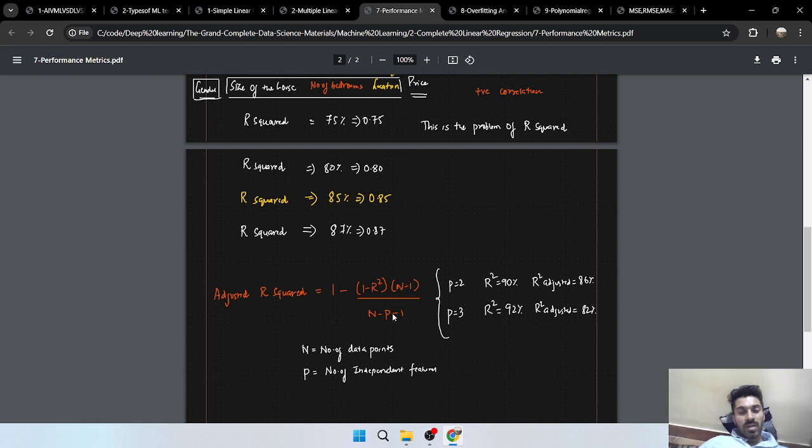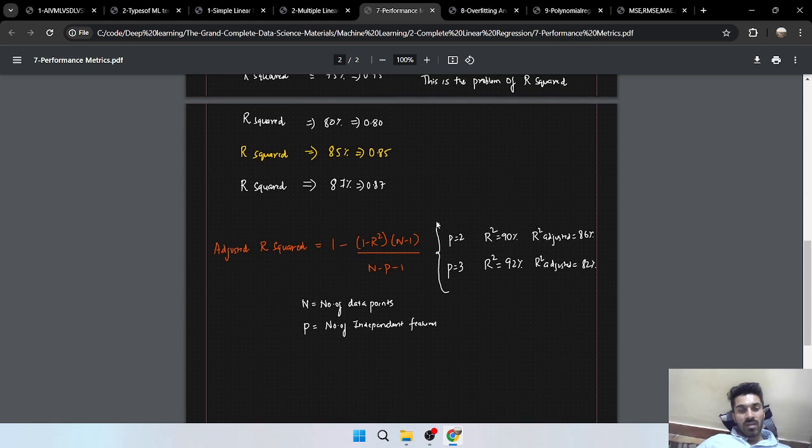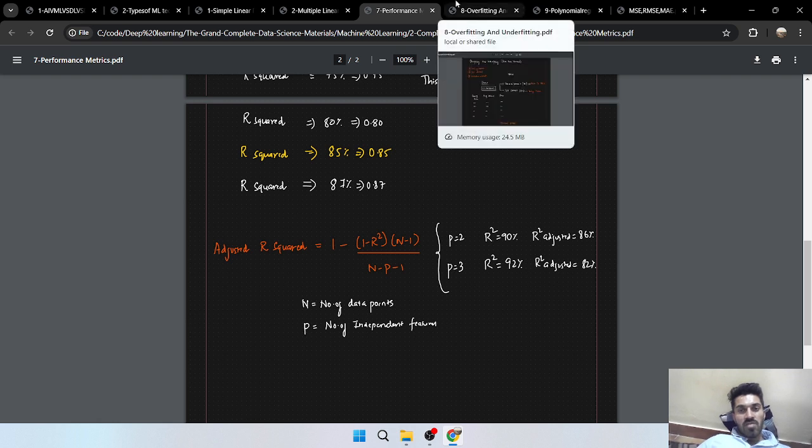If you increase the number of predictors with gender, it will not really increase your accuracy. It will stay the same, or increase only slightly, not as much as R square increases, or it may even decrease. That's why adjusted R square is used many times to find the performance, or accuracy, of a model.